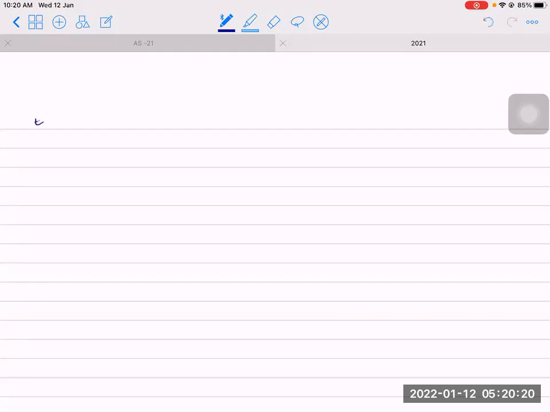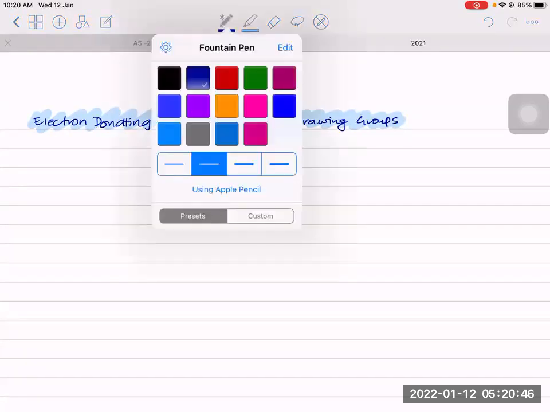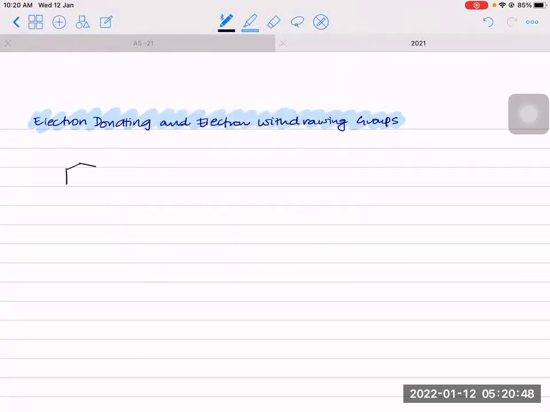So let's see, we have what we call electron donating and electron withdrawing groups. Now, what do we mean by electron donating and withdrawing groups? So let's take a benzene right here.